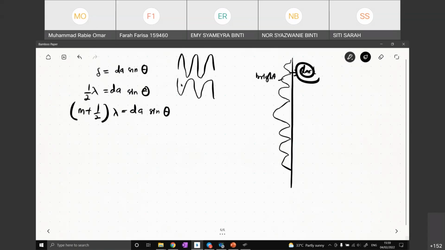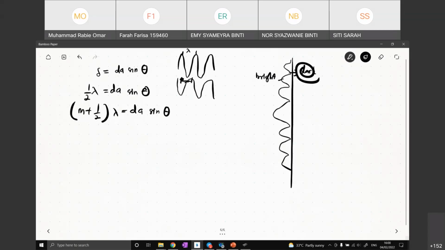So I have shifted. This is my lambda from here to here. I shift another light wave by half of lambda. I bring this guy over from here, and at the point here should be the maximum.